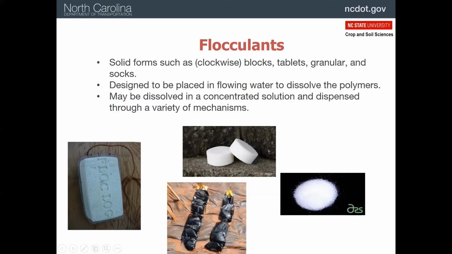There's socks full of a different chemical called chitosan, and these are used a lot on the West Coast instead of polyacrylamide, and we won't get into all the reasons behind that. Then we have these tablets that some call fizzy tabs. They're actually this powder with some bicarbonate added so that they actually fizz just like Alka-Seltzer. That helps the powder dissolve faster, and so that's another alternative.